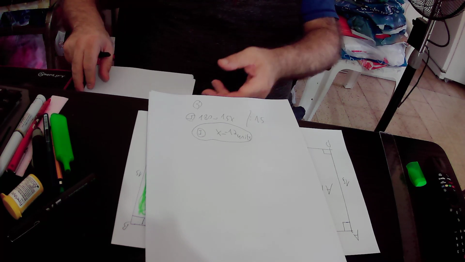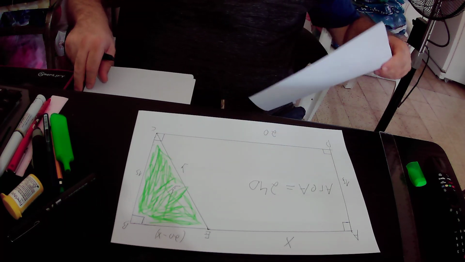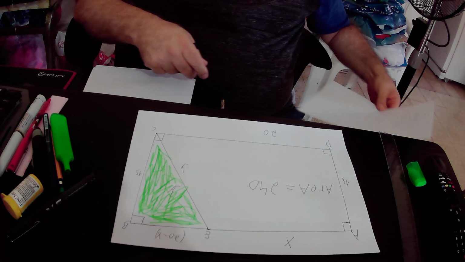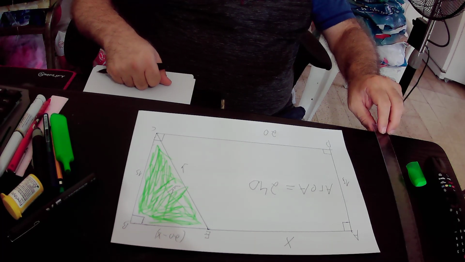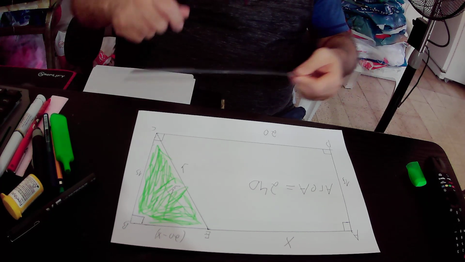Okay. Now I will draw again the right triangle ABC.